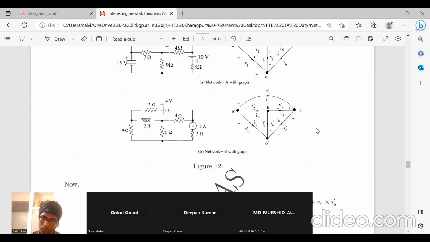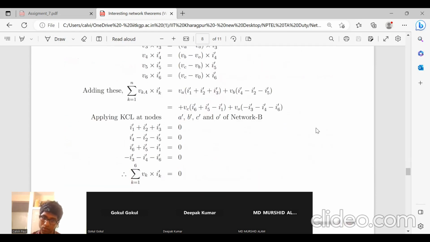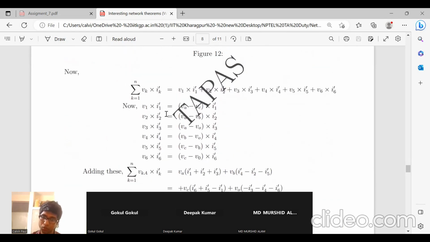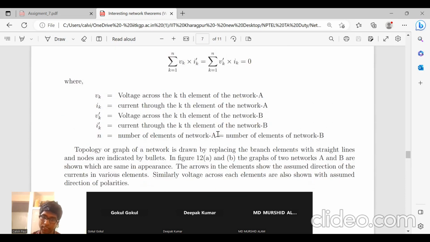No. So I'll proceed. There's a proof of this Tellegen's theorem.